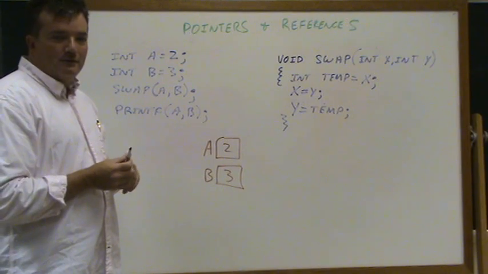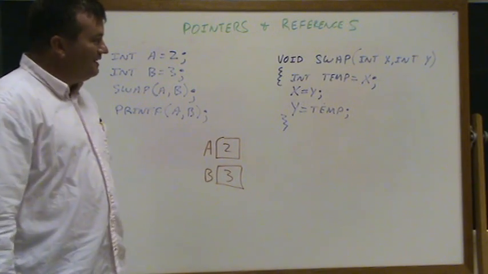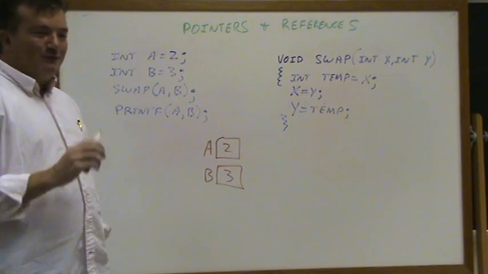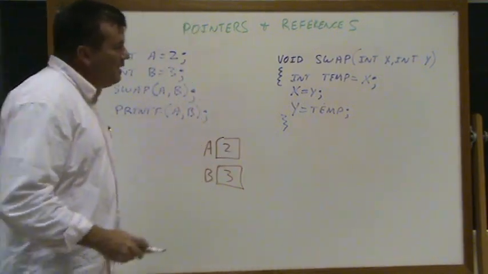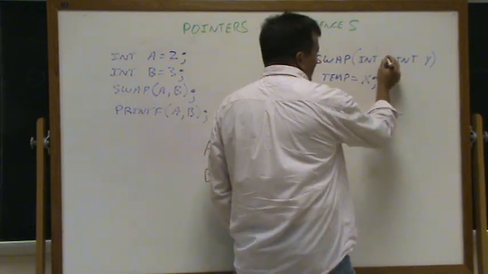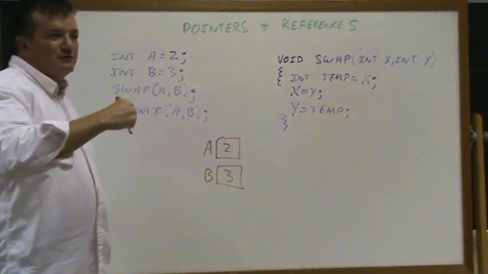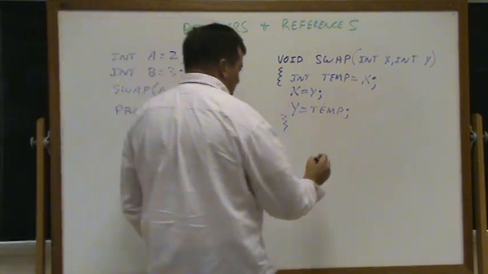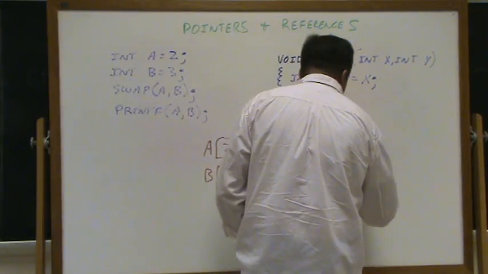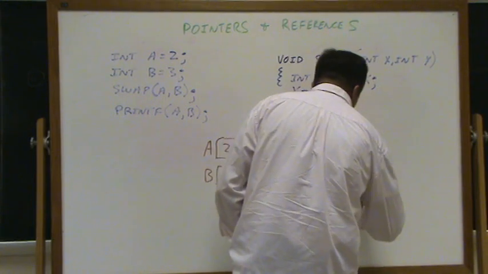New pieces of storage, right? For a very simple reason, and in C and C++ it's explicit. We didn't put an ampersand here to say that this is a label for someone else's piece of storage. This is obviously a brand new piece of storage. So we get a new piece of storage, x, and a new piece of storage, y.